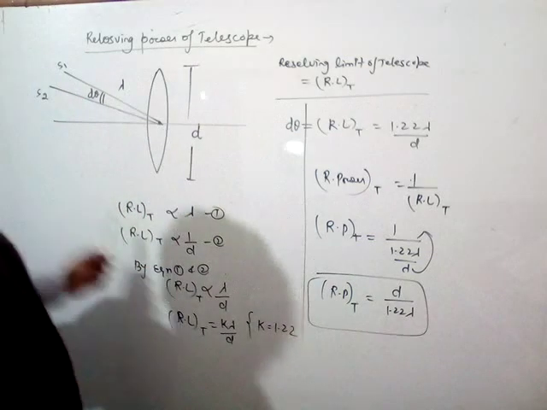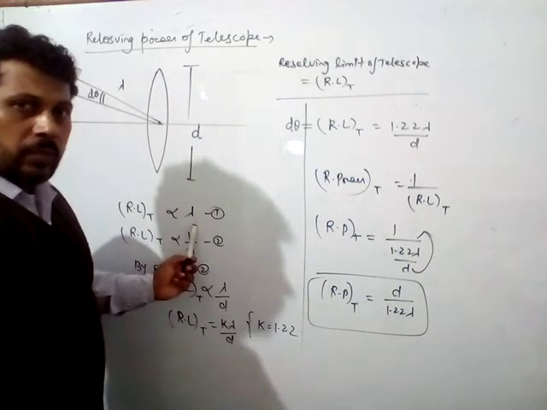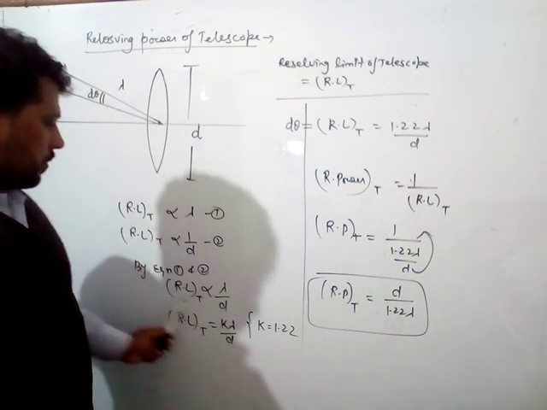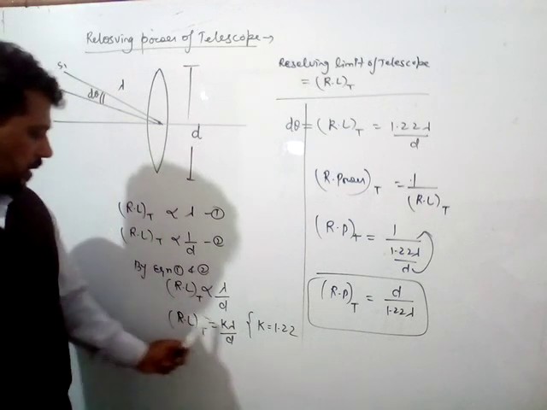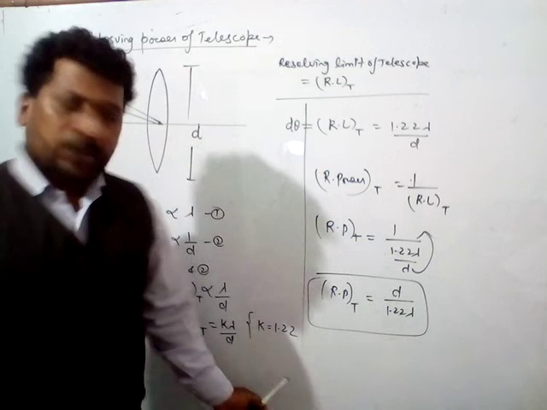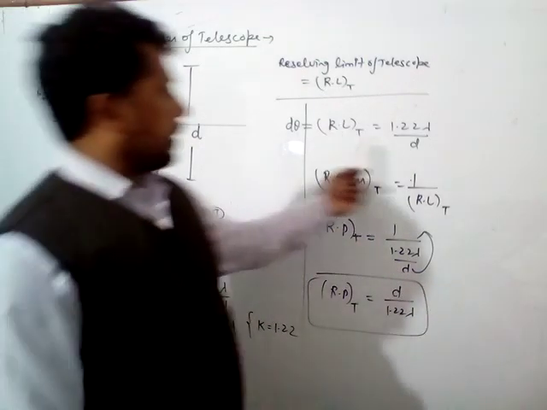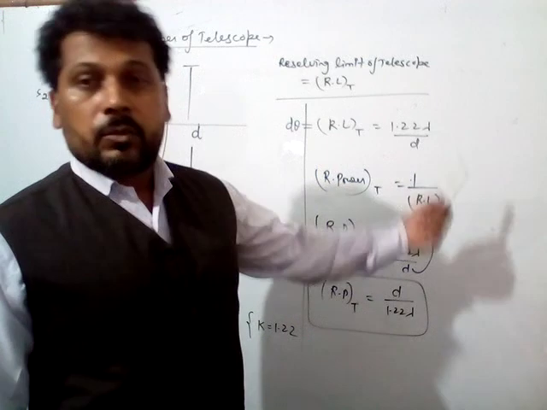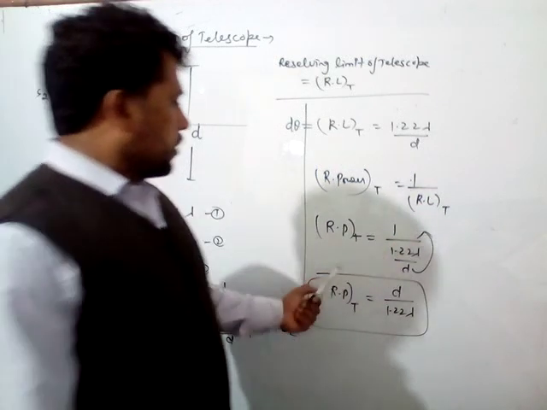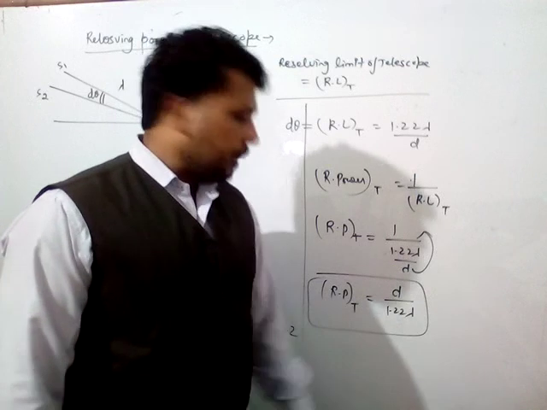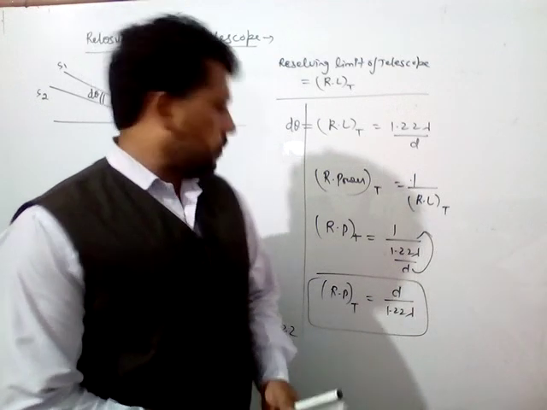Resolving power equals 1 upon resolving limit, so the resolving power of the telescope is d upon 1.22 lambda.